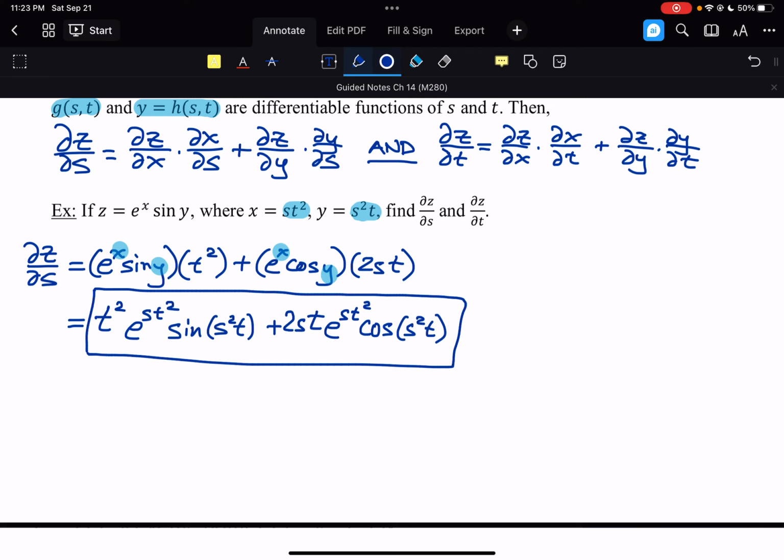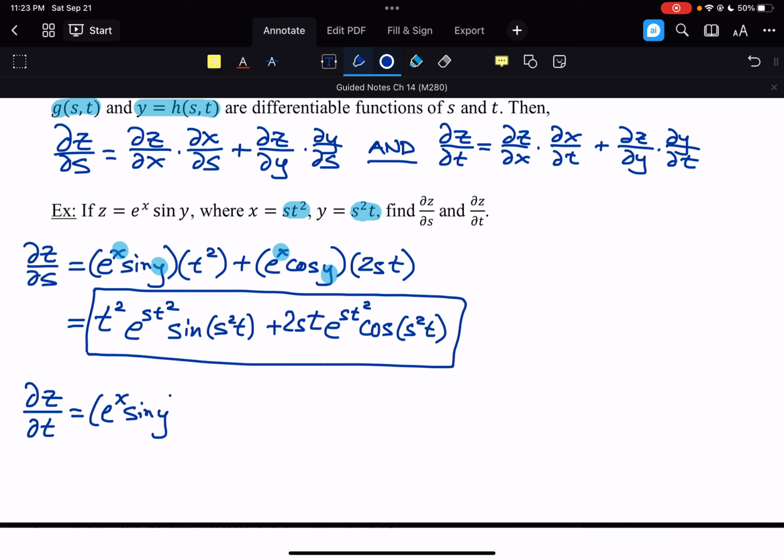And now it's put in terms of s and t. So if we were given values of s and t, we could plug them in at any point and use that to find the rate of change at that specific set of values. And then next, we look at partial z with respect to t. We get the same idea here. In fact, the first and third derivatives here are going to be the same, partial z with respect to x and with respect to y.